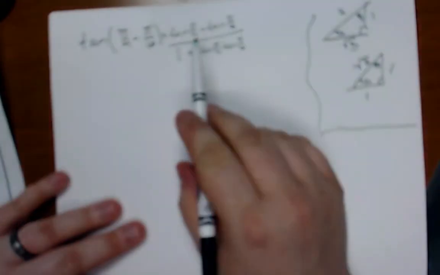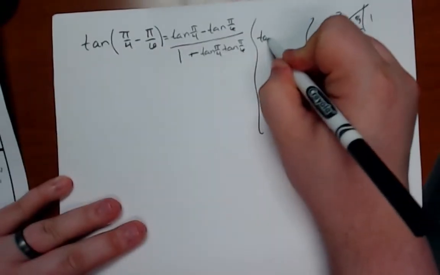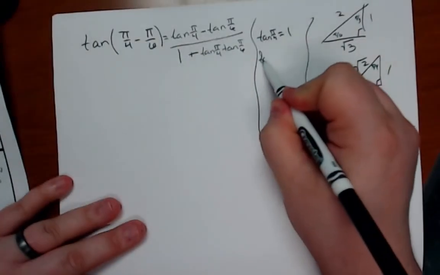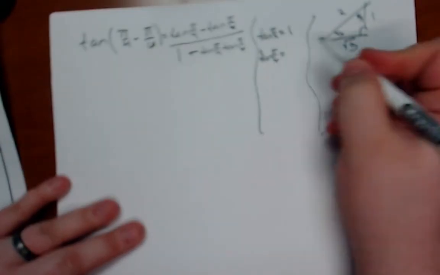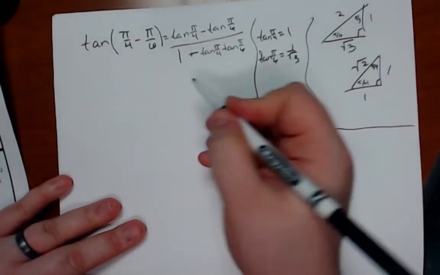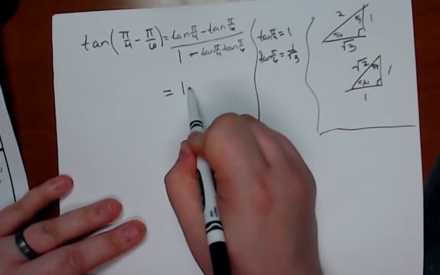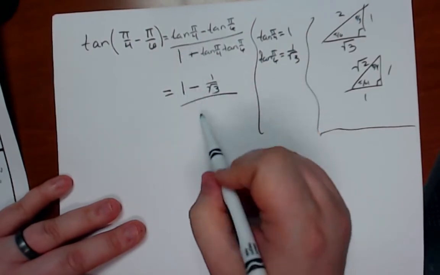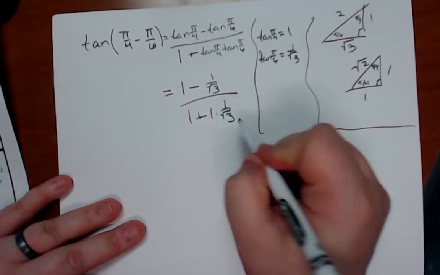So tangent of pi over 4 is 1 over 1, so we'll write this, tangent of pi over 4 is 1, tangent of pi over 6, opposite over adjacent, is 1 over root 3. So that means this is equal to 1 minus 1 over root 3, all over 1 plus 1 times 1 over root 3.